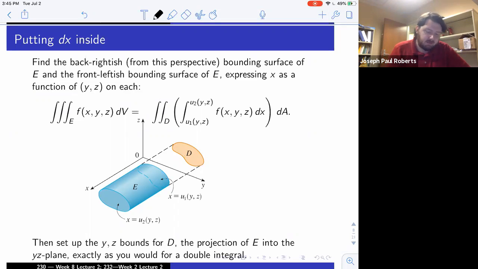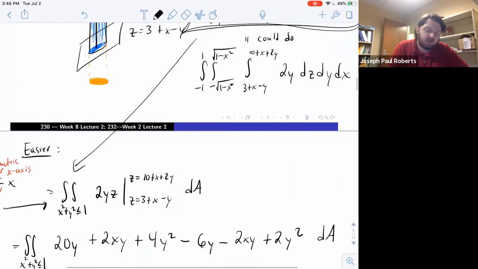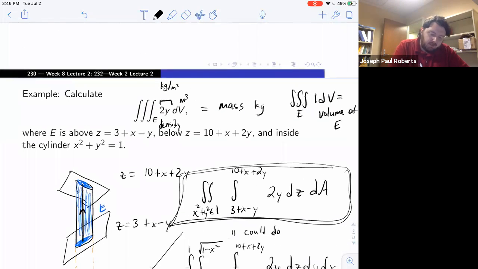So in this case, you're going to have your bounding surfaces given in the form x in terms of y and z. Before, when we had z on the inside, you wanted to think about your top and bottom surfaces. Your points in your solid region start on the bottom surface, you go straight up to the top surface. Going straight up is parallel to the z-axis, right?